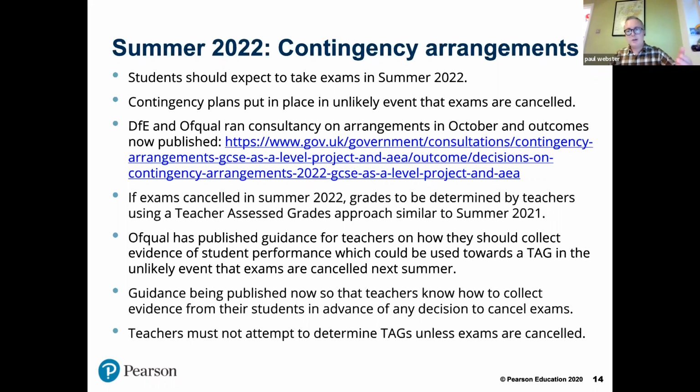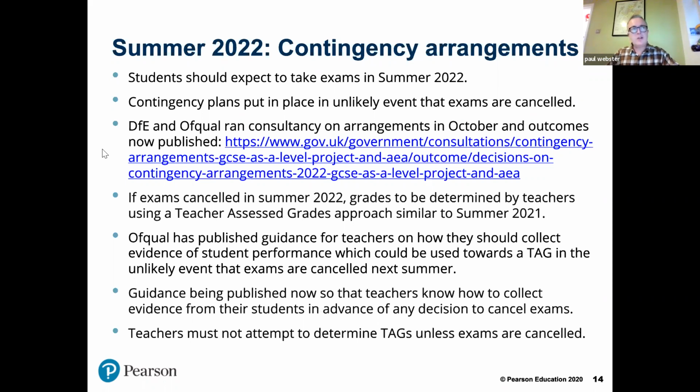You will continue with what you've been doing with component 1, you continue with component 2, and we'll have the advanced information, but it doesn't look as if exams will be cancelled. Just in case they are, based on information that the DfE and Ofqual have released, we would use teacher assessed grades as we did in summer 21.